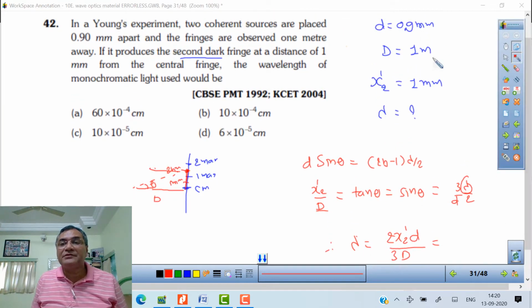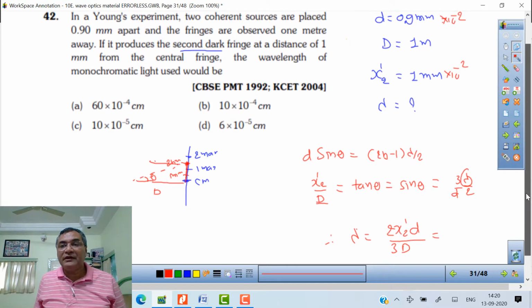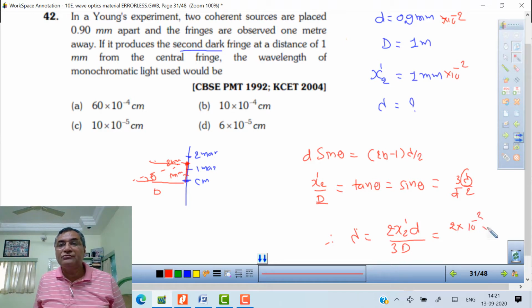This is millimeter, this is meter, so I write multiply by 10 raised to minus 3. So we get 2 into x2, which is 1 millimeter, 10 raised to minus 3, small d is 0.9 into 10 raised to minus 3, divided by 3 into D, which is 1.